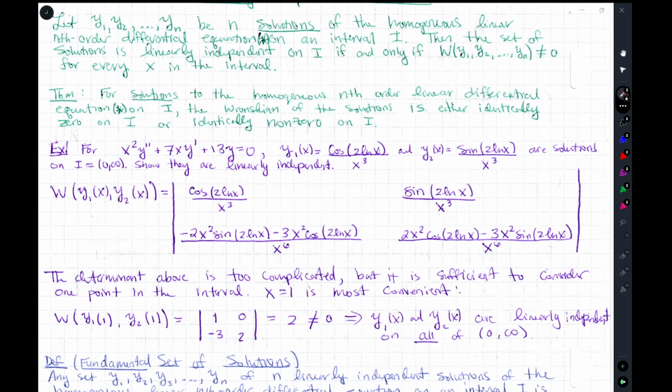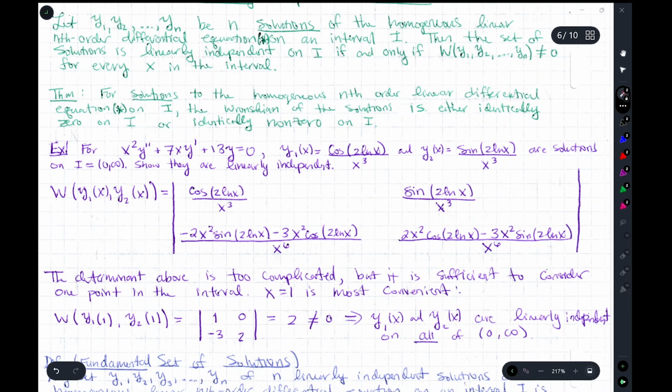But your life could be much easier because all you have to do is check one point in the interval. As long as this works for one point in the interval, you're good by the above theorem. So which point do we choose? Well, you get these natural logs, and when is natural log 0? Natural log of 1 is 0. So why don't we simplify the expression by plugging in x equals 1 instead of an arbitrary x.